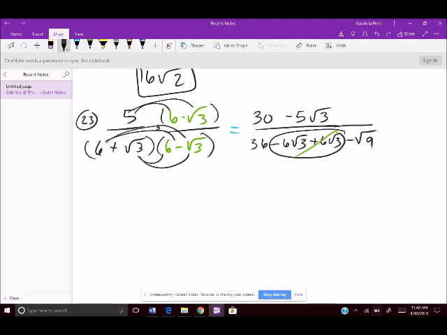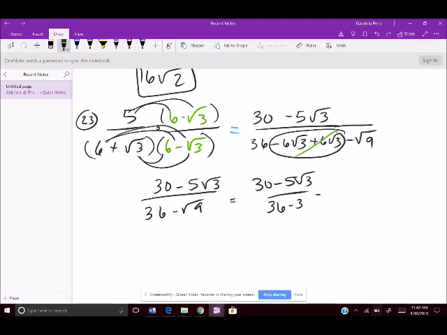So then I have 30 minus 5 square root of 3 over 36 minus the square root of 9. But what is the square root of 9? 3. So this is 36 minus 3. And what is 36 minus 3? 33. You will have one like this on your test also.